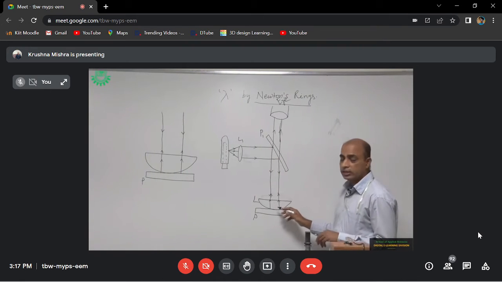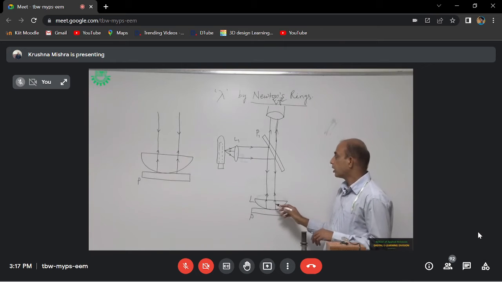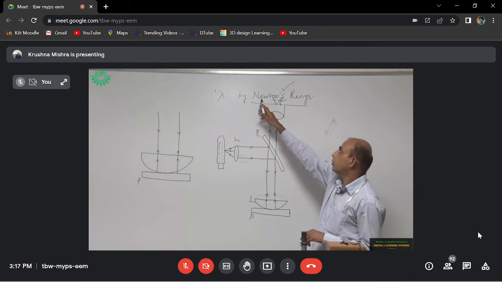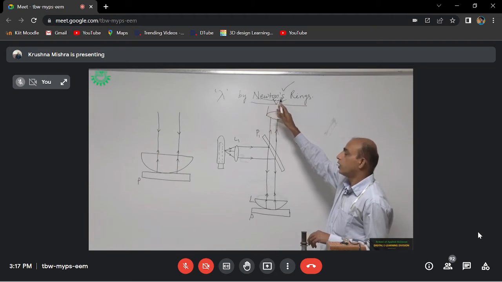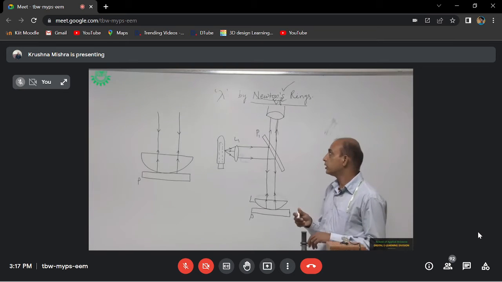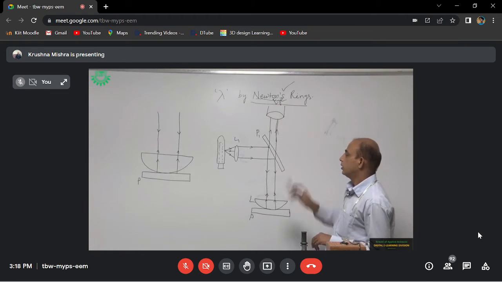So these alternate dark and bright fringes, or interference fringes you can say, are called Newton's rings, because according to the name of the scientist Newton, he devised this mechanism to find the wavelength of this monochromatic light. According to his name, these are called Newton's rings.